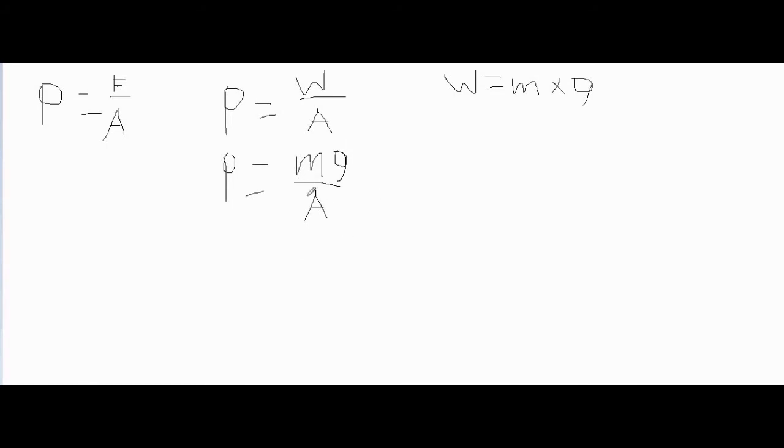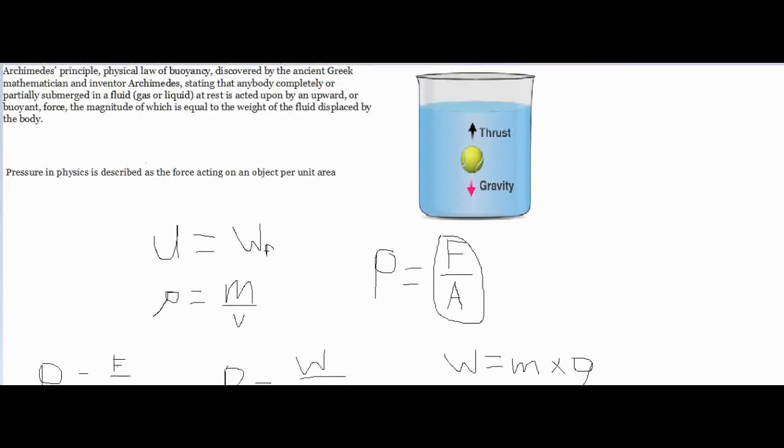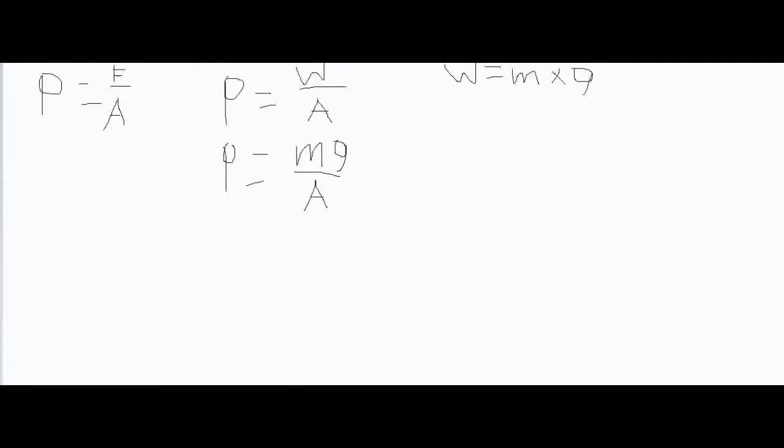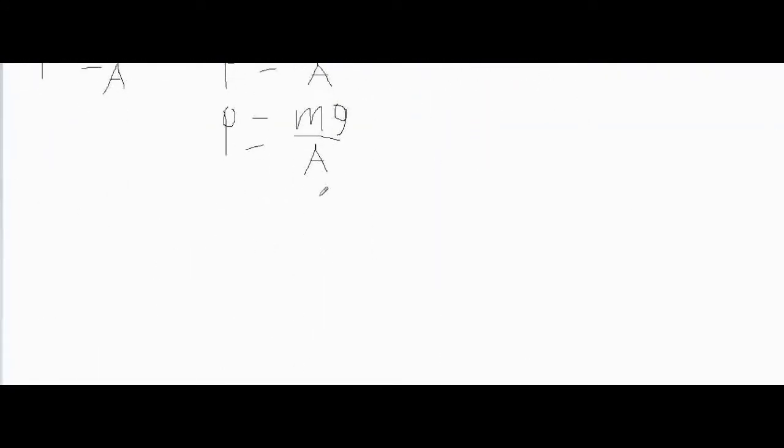Now, right here we have area. What we can do now is rewrite area in terms of volume and height. And now we're working better with hydrostatics, because if we look up here, we can see that there's a certain amount of volume in this, and it has different heights at different parts. So height and volume seem like they'd be good to have in the equation.